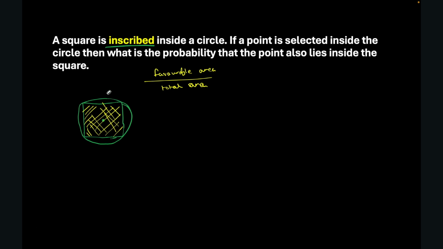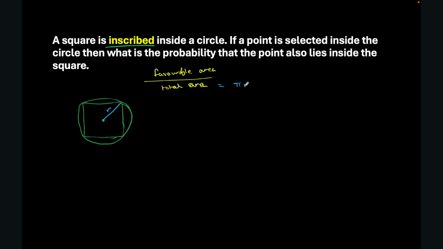Okay, so what I'm going to do is I'm going to erase this shaded region that I've drawn right here. And after erasing it, I'll change the color as well. So let's for now assume that this is my radius r. Okay, so my total area, well, that's going to be really simple, right?